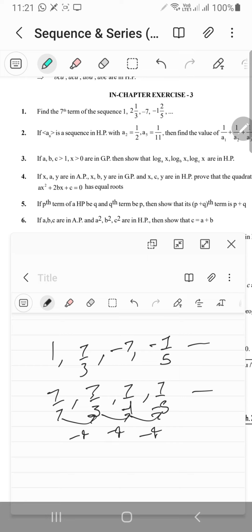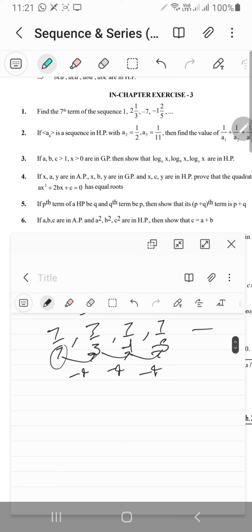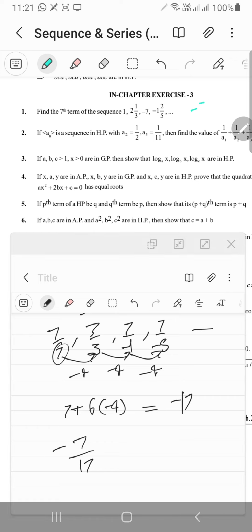Just want to find the 7th term. This is for the first term. So for the 7th term, the denominator will be 7 plus 6 times -4, which is 7 minus 24, which is negative 17. Yes, so 7/-17 is -7/17. There you go. Wrong color.